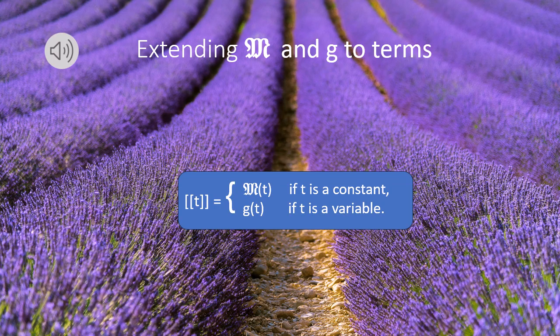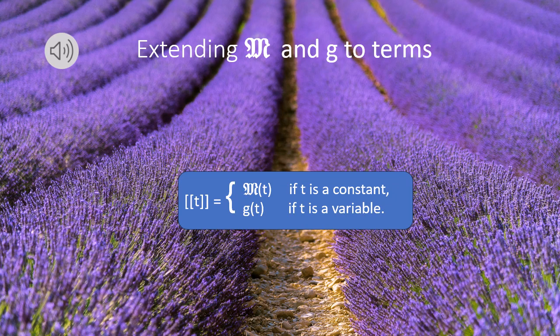And that curly bracket you're seeing there is not a curly bracket for a set, but instead for a piecewise defined function. The output of this function is M of T if T is a constant, and G of T if T is a variable. And those are the only terms that we'll be considering in this first order language, which we're implicitly assuming has no function symbols.